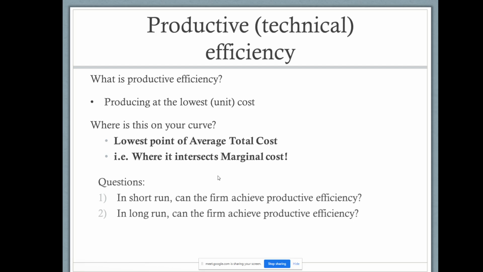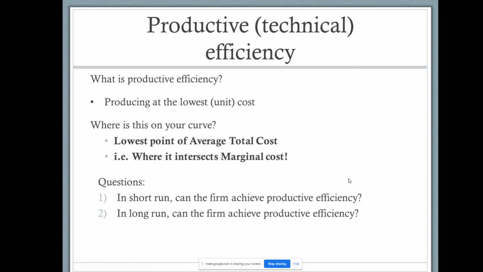And here's the question. You have two questions. In the short run, do you think firms can achieve productive efficiency? Can they? Can you explain how they can achieve productive efficiency in the short run?